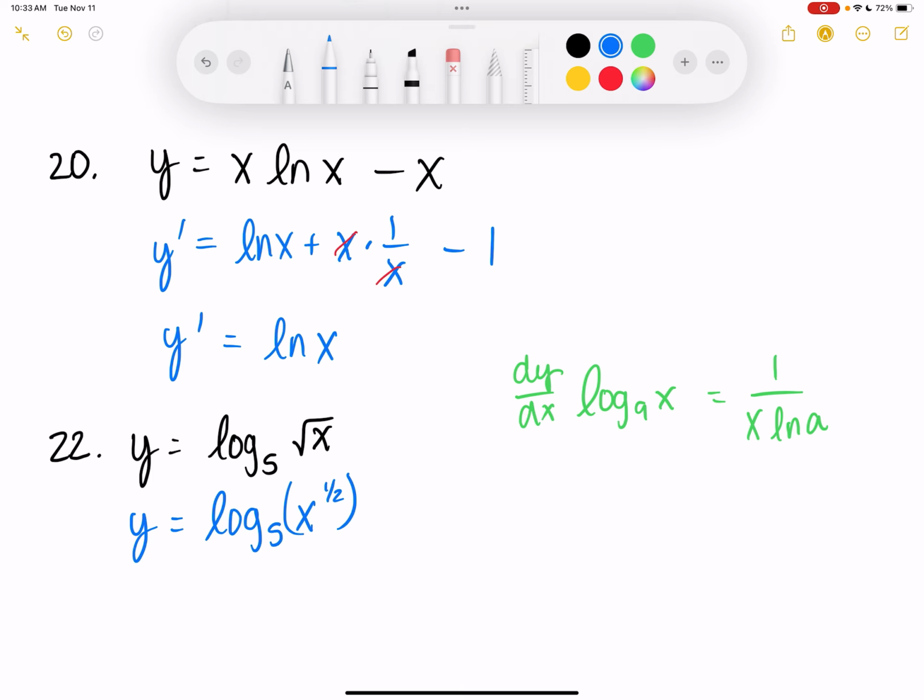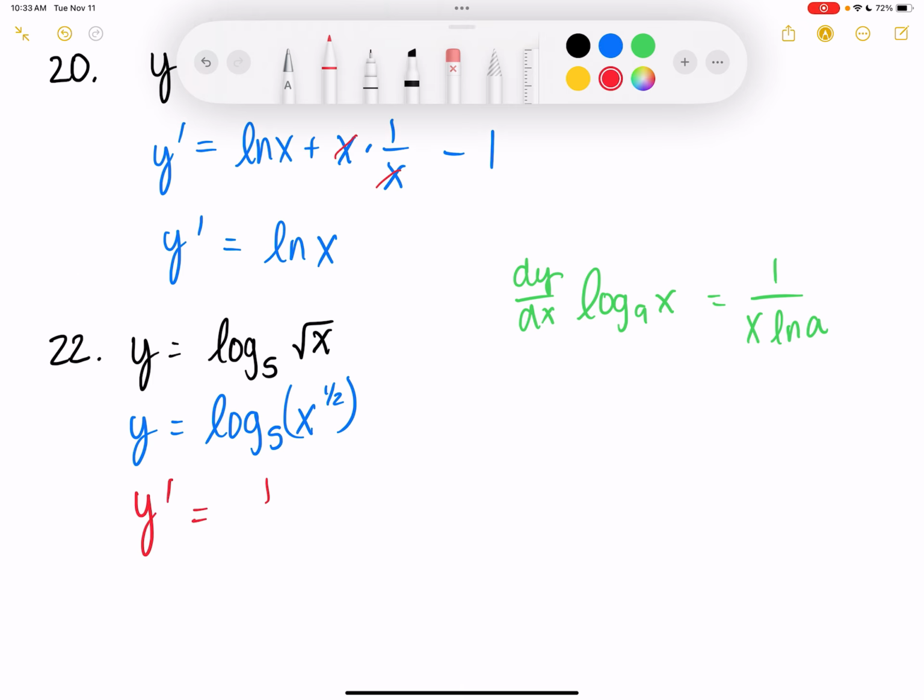So now to do the derivative, y prime is equal to 1 over whatever's inside your parentheses here, so x to the 1/2, you can write it as the square root of x, however you want to do it, times the ln of the base, which is 5, and then times the derivative of whatever's inside for your chain rule, so 1/2 x to the negative 1/2.